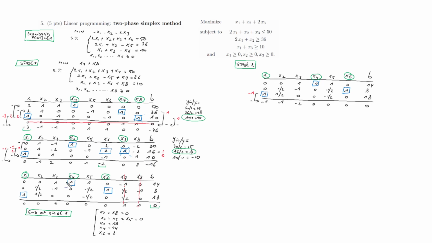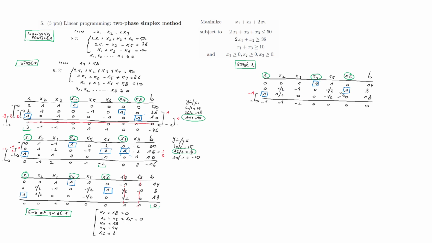Remember that we've taken this tableau here, and we've crossed out columns x7 and x8, and we have of course used the cost associated to the standard problem. This explains here the -1, -1 and -2 coming from here. Remember that the basic variables are x1, x4, x6, right?